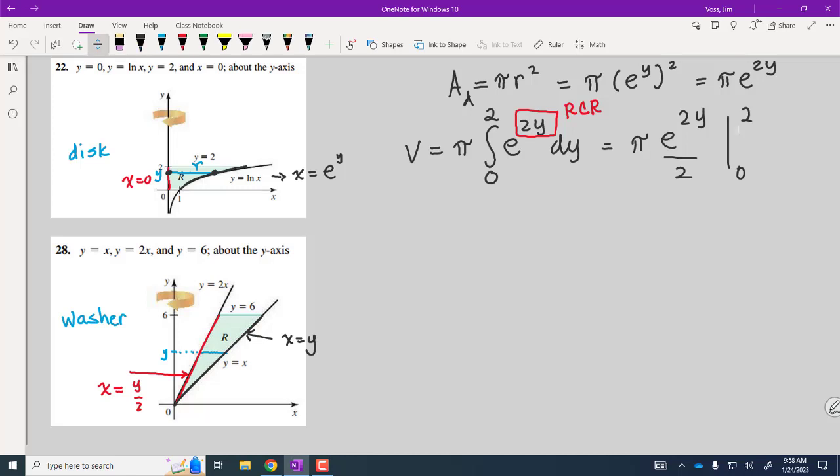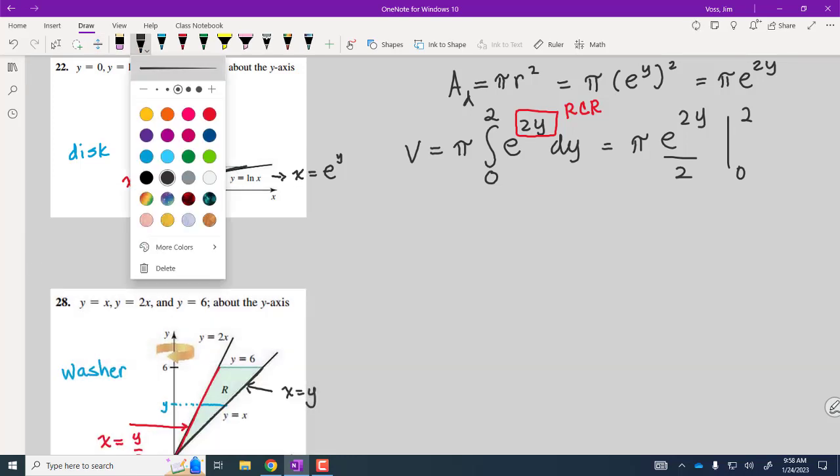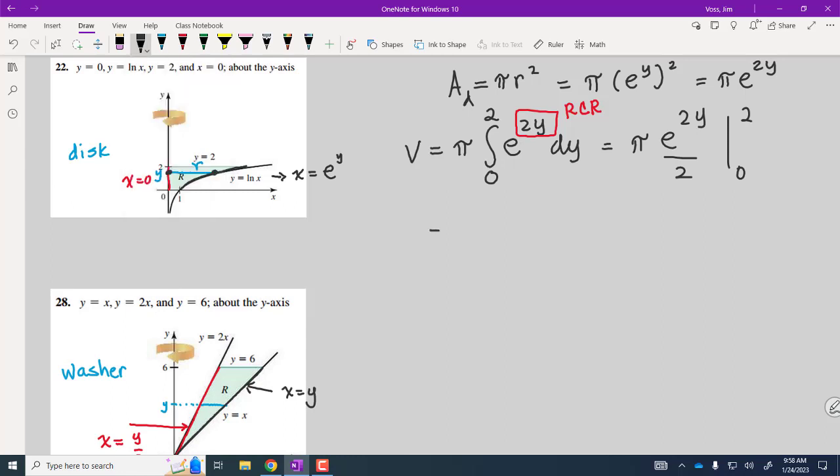And we are ready to plug in our limits of integration. So let's see. I'm going to factor the pi over 2. I'm going to think of that as a constant in front. Constants can always be moved to the front. And so my focus for the antiderivative evaluation is just going to be on this part.